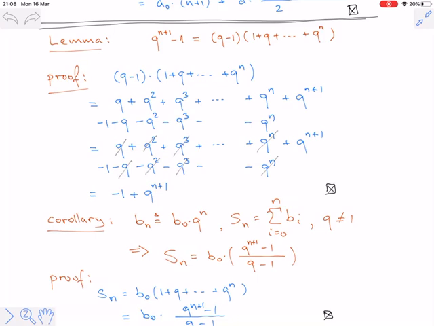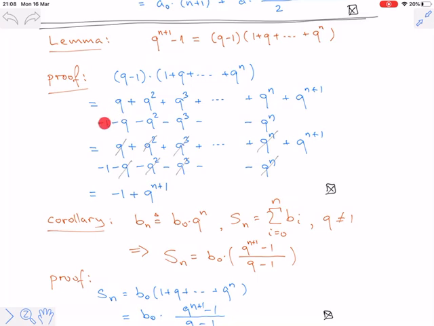How do you prove this lemma? Well, I just open the parentheses. I first multiply all the elements over here by Q. So I get Q times 1 is Q, Q times Q is Q squared, up to Q to the power of n times Q, I get Q to the power of n plus 1. Then I multiply all the elements here in the parentheses by minus 1.